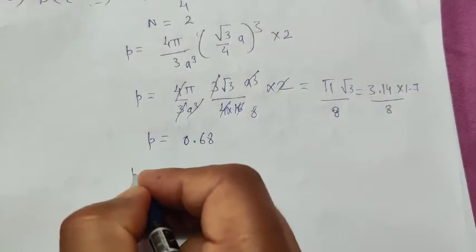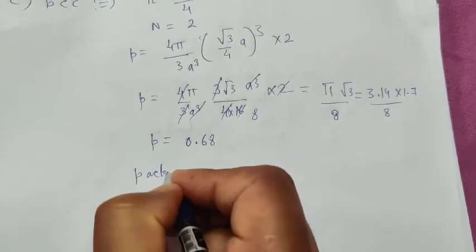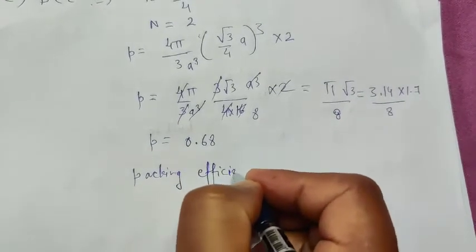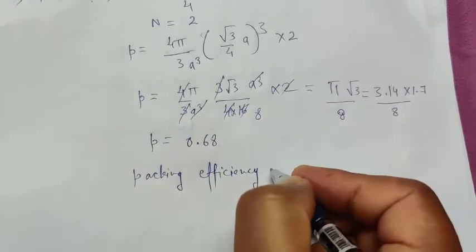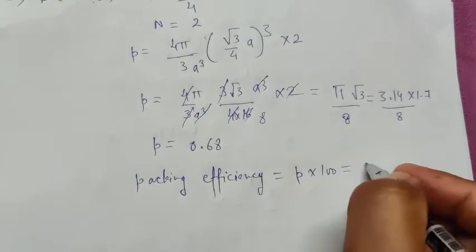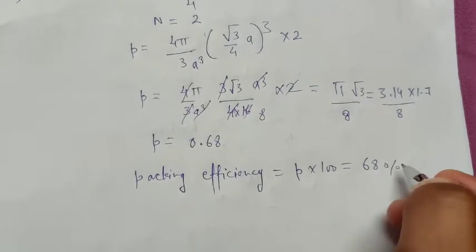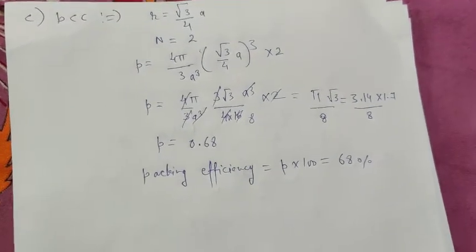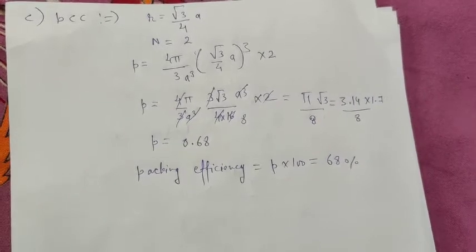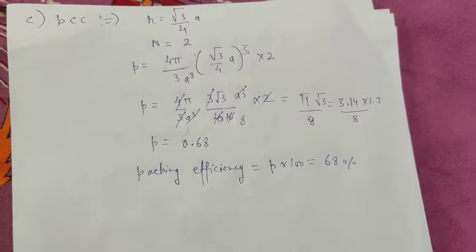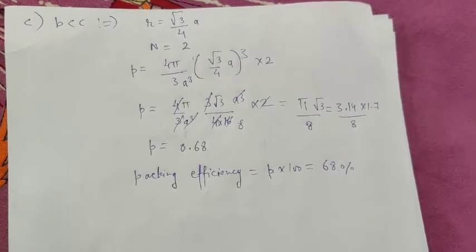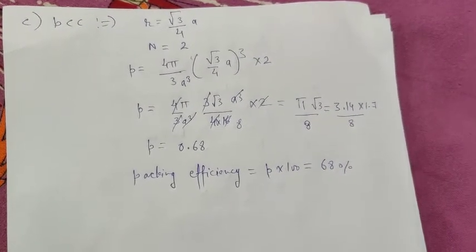Then packing efficiency, packing fraction into 100, this will be 68%. So we have calculated that the packing fraction is highest for the face centered cubic crystal, and the packing efficiency, that is 74%, is the highest.